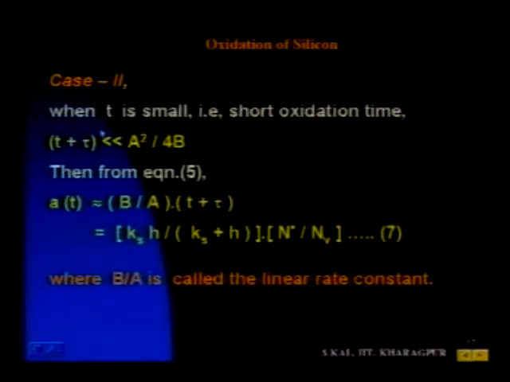That is the condition for the second case. Under this condition, if you follow a few mathematical steps, then equation 5 becomes A of T is equal to B by A into T plus tau.